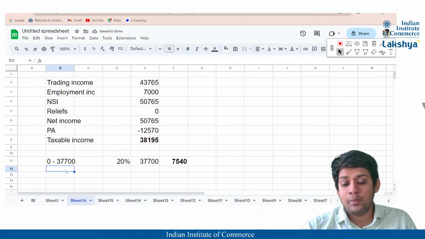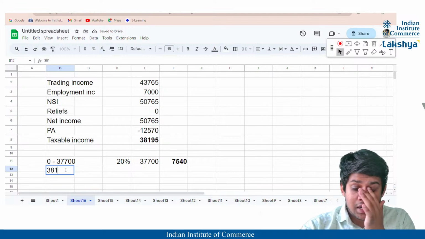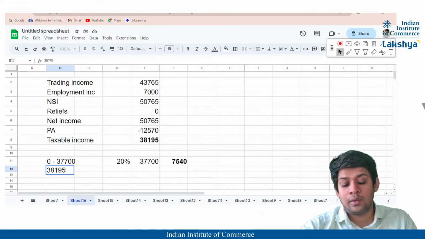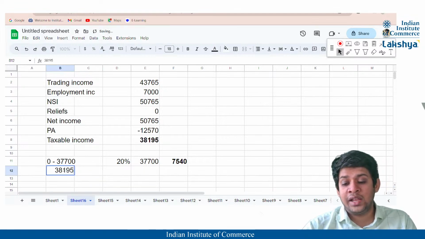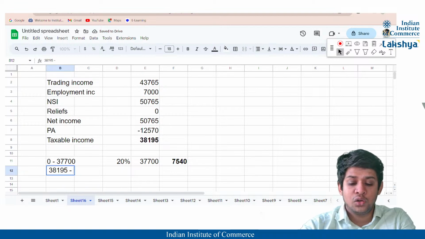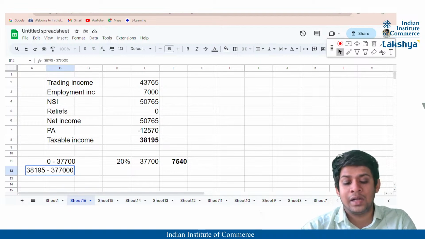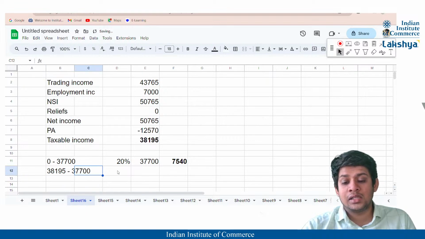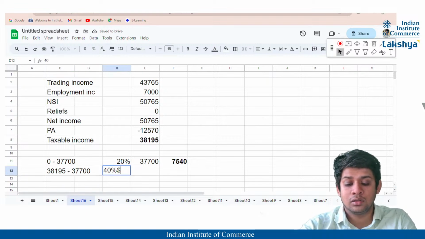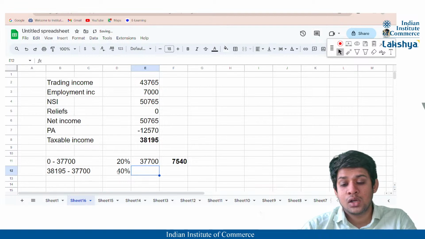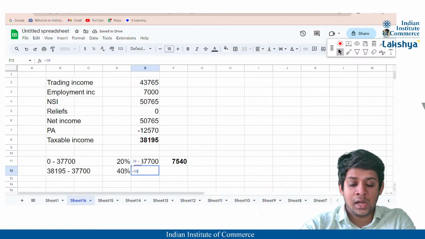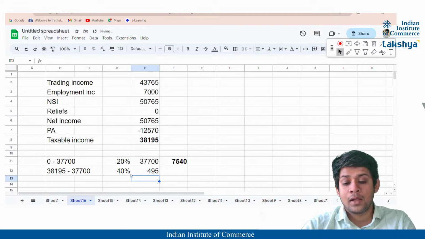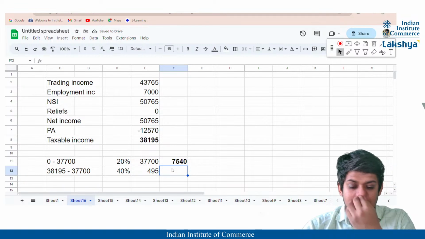But your total income is 38,195. From that, on 37,700 you've already charged tax of 20%, so that will not be considered. On that remainder you will charge 40% tax. It is 38,195 minus 37,700, so your additional income is 495.